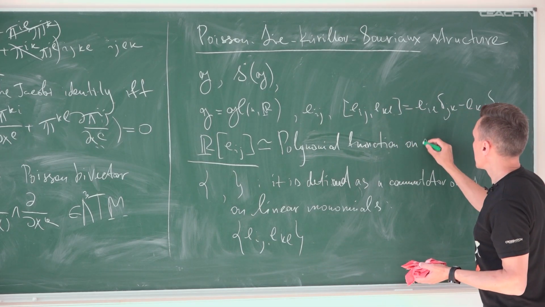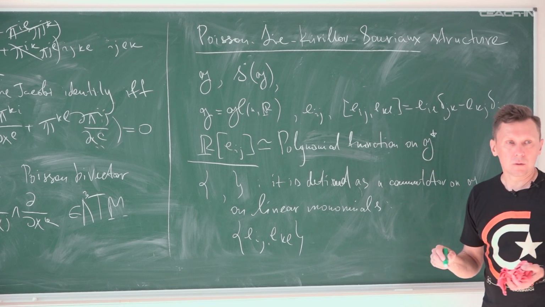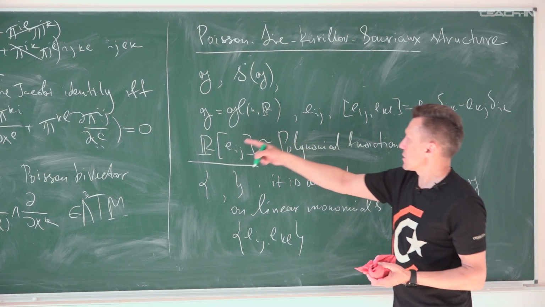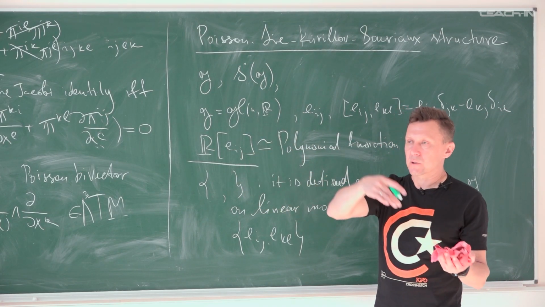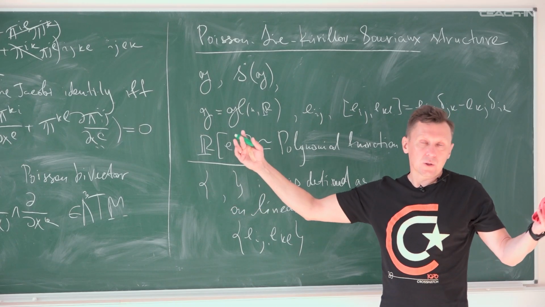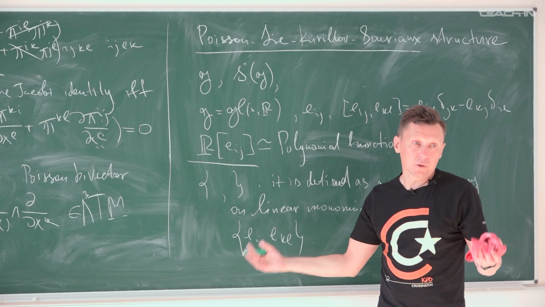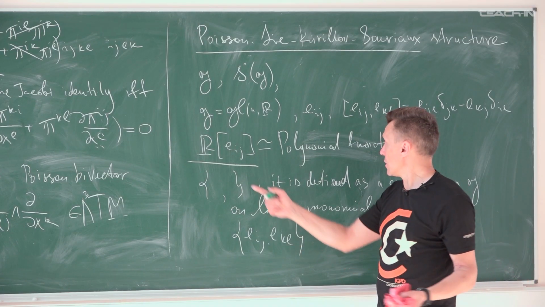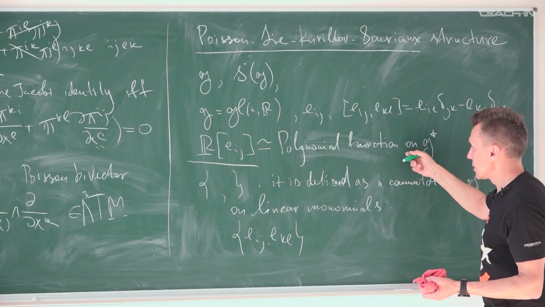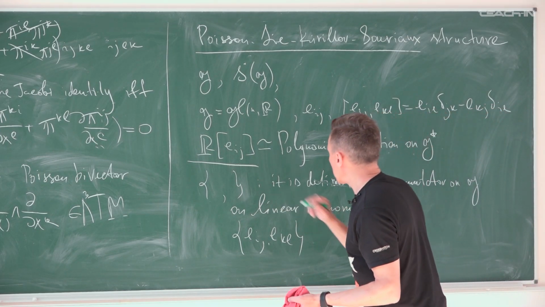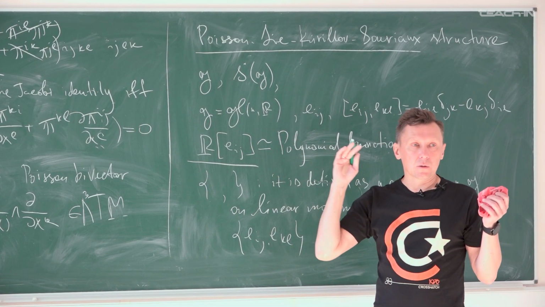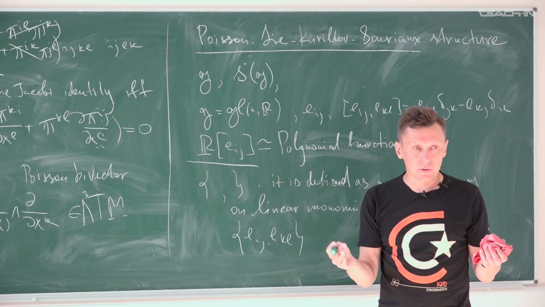Polynomials on the dual space. Just the generators are linear functions on the dual space. And then if we consider all polynomials, they are just all polynomials on the dual space. So we consider the ring of polynomial functions on the dual space. And how do we define the Poisson structure? There are linear functions on the dual space, which are just the generators of the Lie algebra.